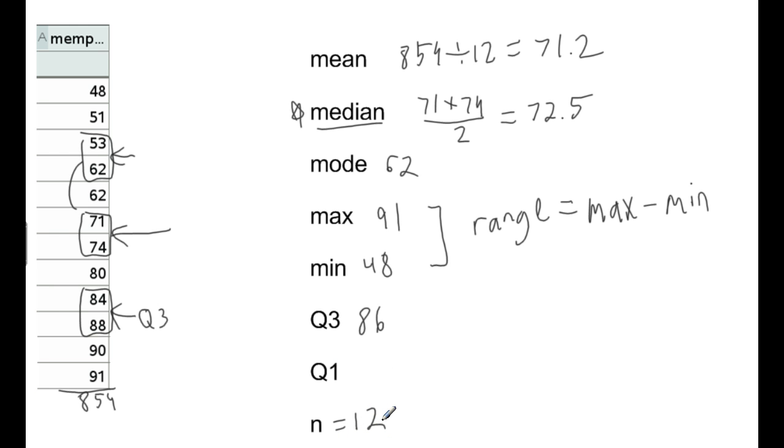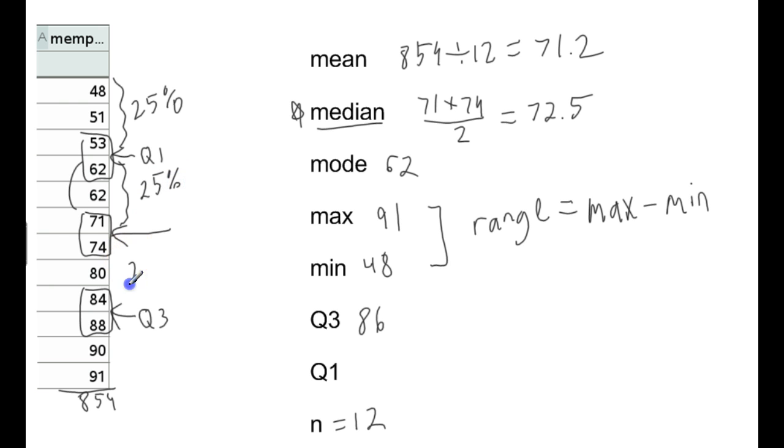But I want you to notice something that a lot of stat students don't get right away. Q1, like in the first third of this data here, there's exactly 25% of the data pieces. 3 out of 12 data pieces are in Q1 right there. In the second part of the data, there's exactly 25% of the data, 3 of the 12.